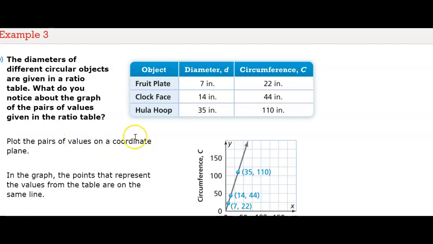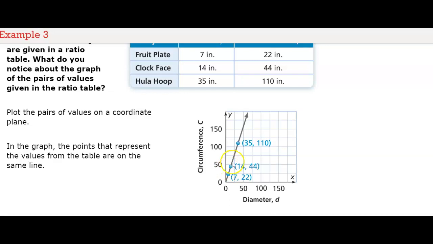They've plotted the pairs onto the coordinate plane, and if we look at the graph, the points all represent the values from the table, and they have a linear relationship, meaning they are continuously going on this line, and that's what we're noticing. That's all they ask: what do you notice? So you just notice that they are the values from the table and that it's linear.